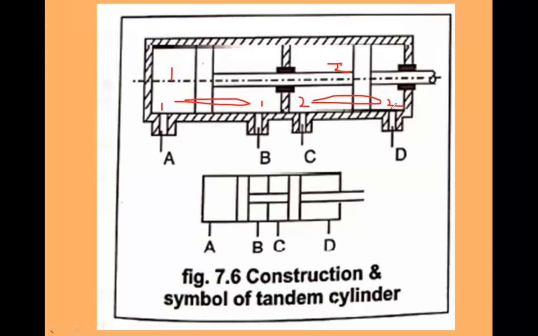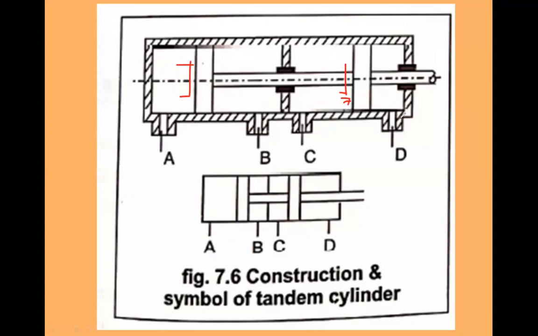But here, what are the areas on which pressure is going to act now? That will be a greater area. You can see force will act on this side and this side also, this surface as well as this.